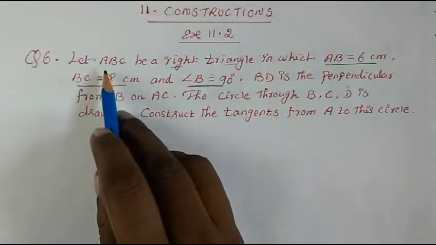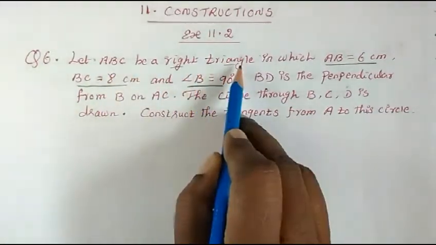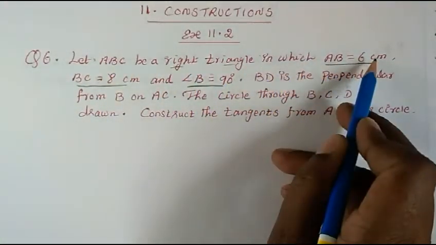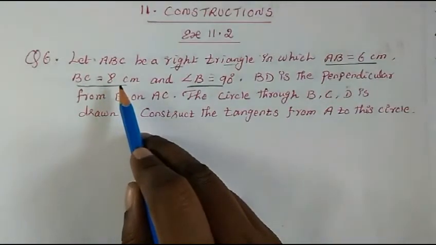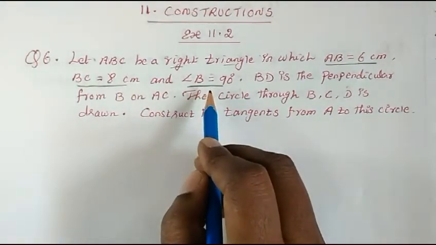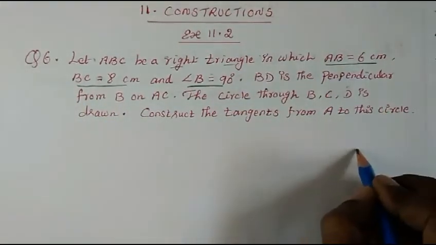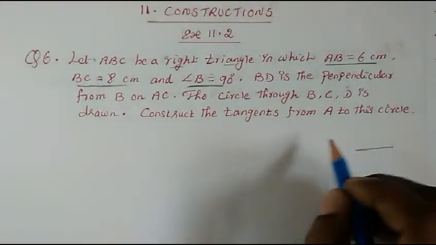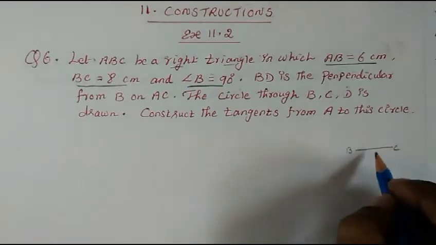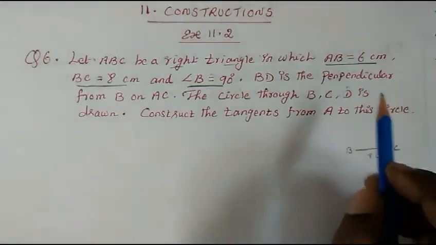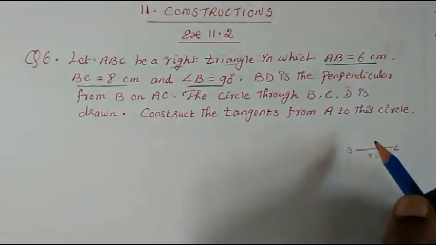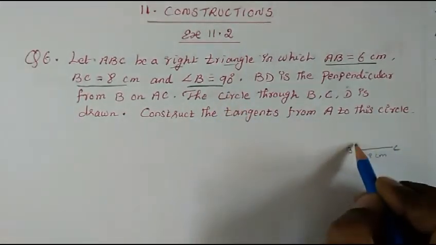First we will construct a right triangle where AB is 6 centimeter, BC is 8 centimeter and angle B is 90 degree. So which one is the biggest here? 8 centimeter. So let's take the base as 8 centimeter, that is BC. Then AB should be 6 centimeter and angle B should be 90 degree. So we have to construct the 90 degree here.